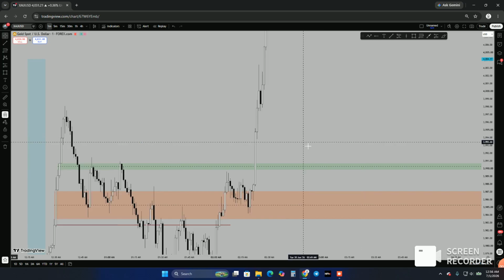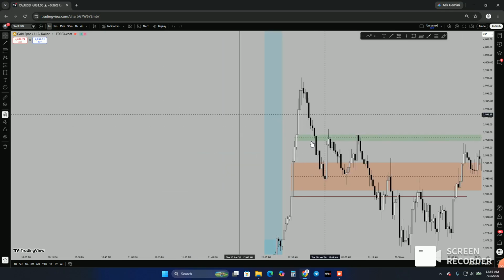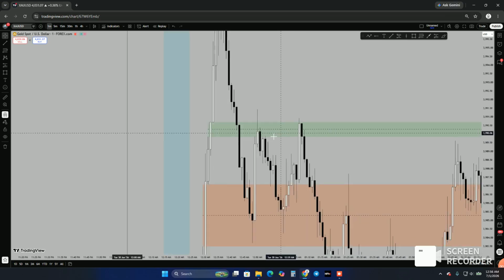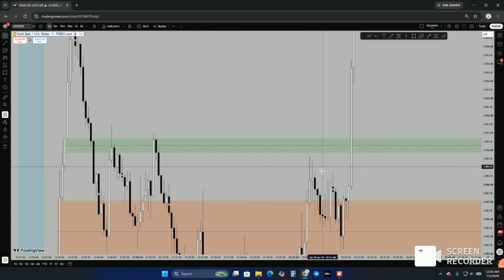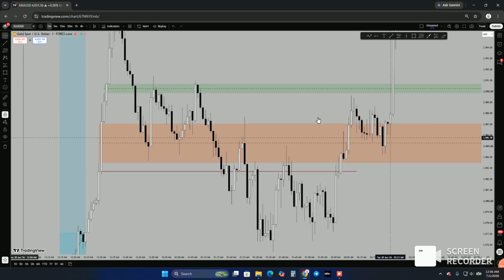Now you can see price did what? Price retraced where? Any other? This gap 50%? No. You can see all the bodies are respecting this gap high and this gap low as a resistance point. So this is the 12:30 second gap.